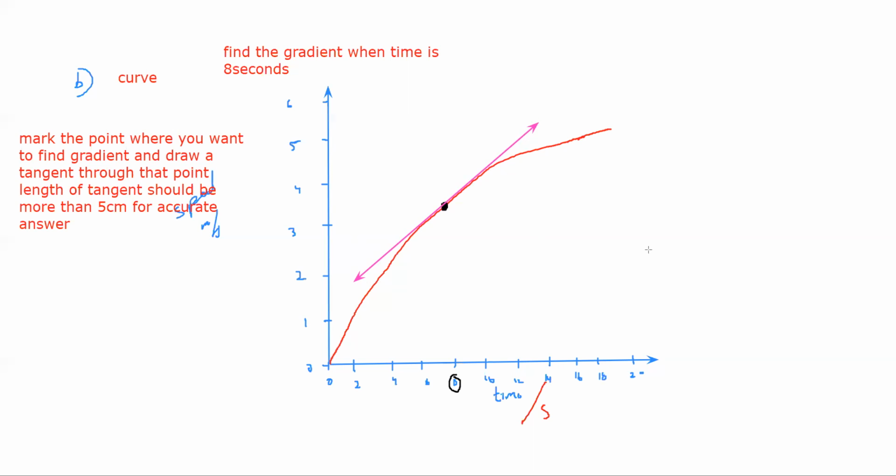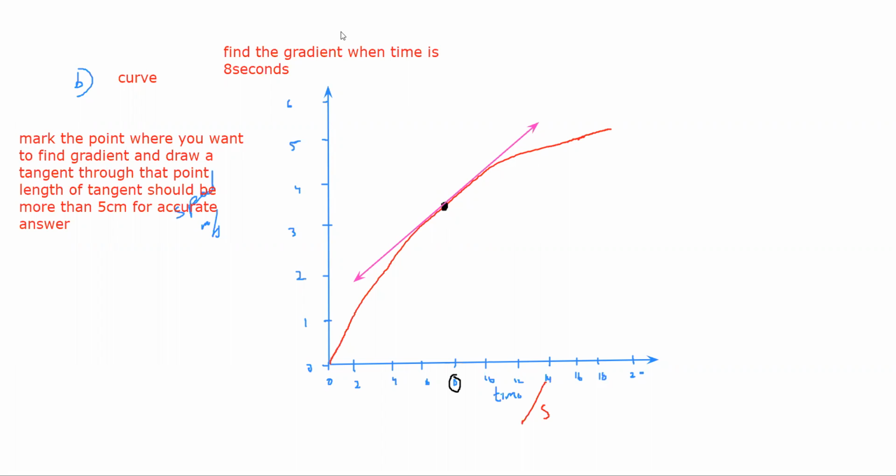But for more accuracy, the length of a tangent should be more than 5 centimeters. Equal to 5 centimeters is also correct. So first we mark a point where time is equal to 8, and after that we draw a tangent, a line which touches that point only.